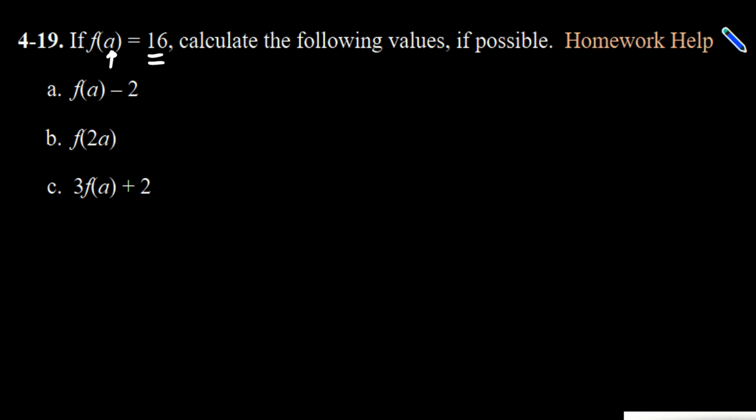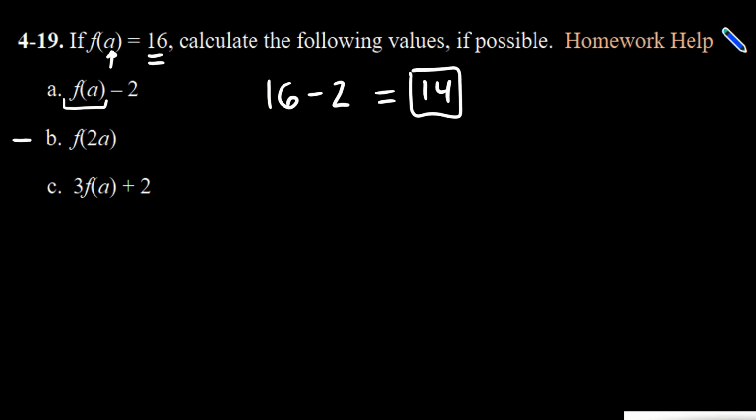So right here, when the input is a, that function produces an output of 16. I don't know what a is, but I know if a goes in, 16 is what comes out. So that's 16 minus 2, which is 14. So 14 is the correct answer for A.